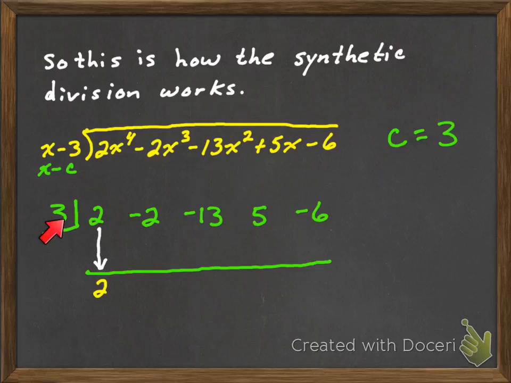You're going to multiply these two values together, and you're going to put that answer right here under the next number. So 3 times 2 is 6. Now we are going to add these two numbers together. So we're going to add a -2 and 6, and that is going to give us 4, and that number will go right here.